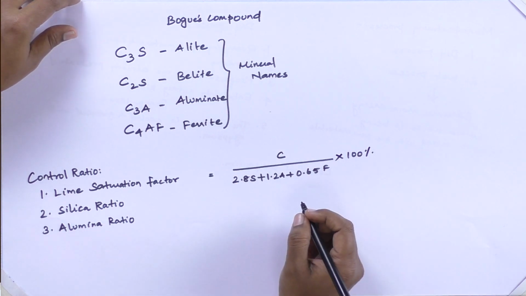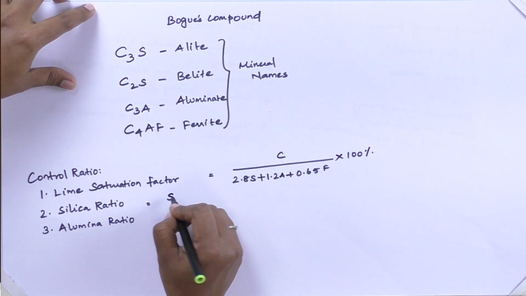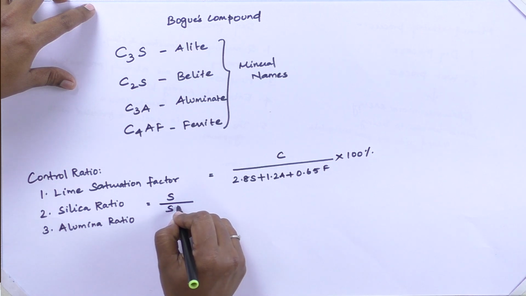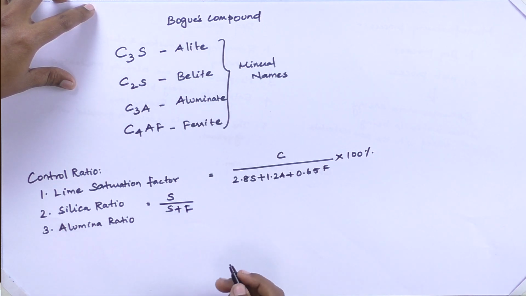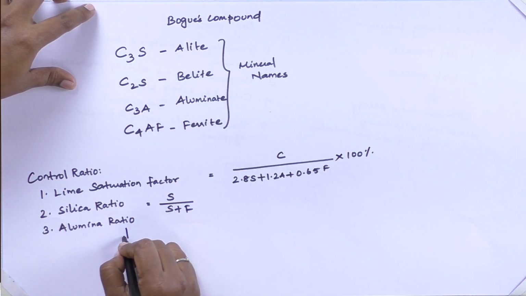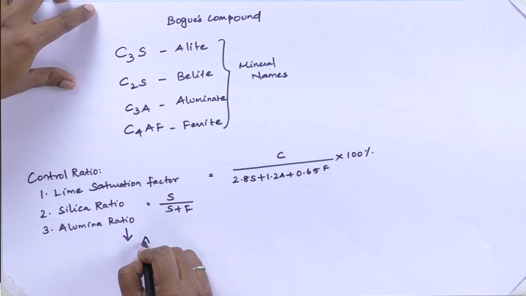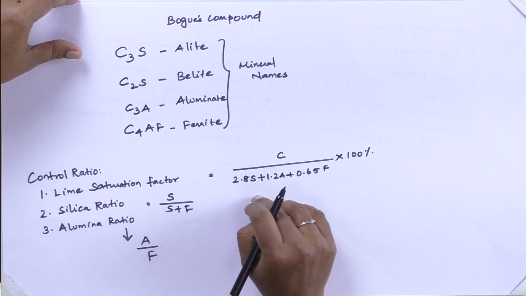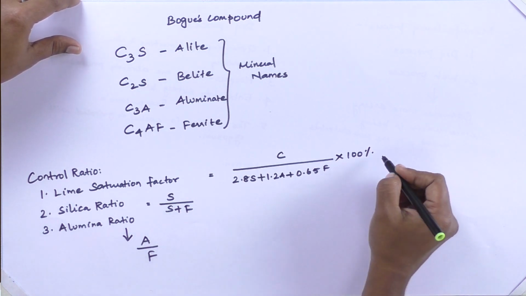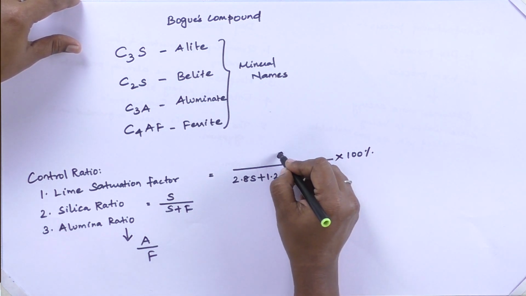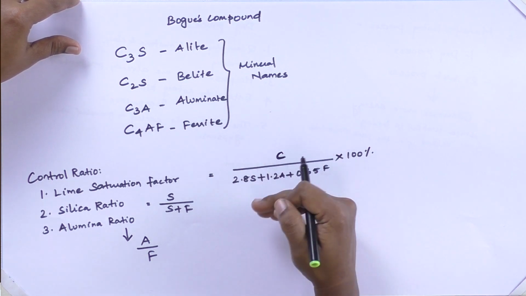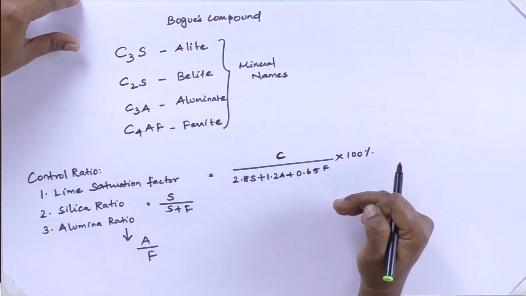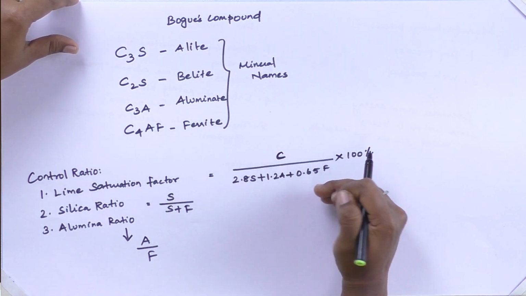It's expressed in terms of percent. Silica ratio is S divided by A plus F. And next, alumina ratio is A by F. This lime saturation factor is expressed as a percentage of calcium oxide to silica, alumina and iron.